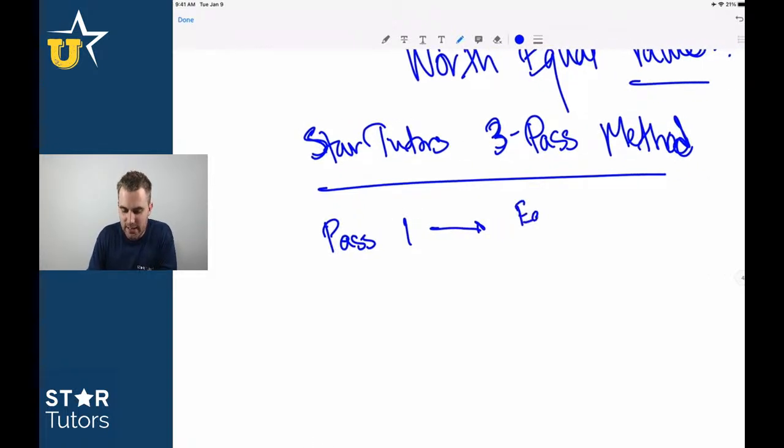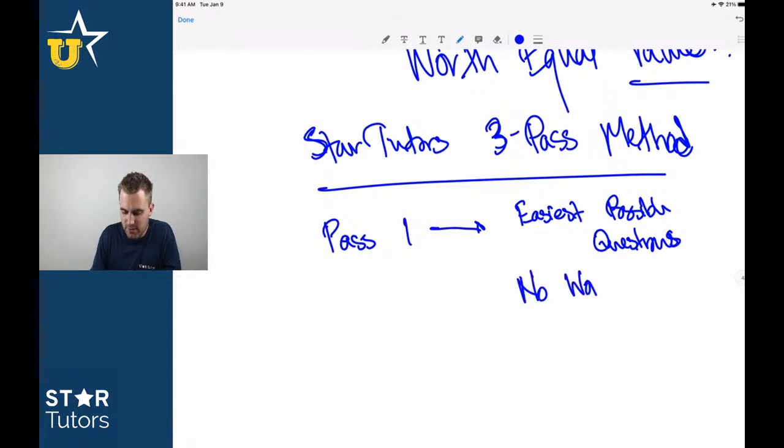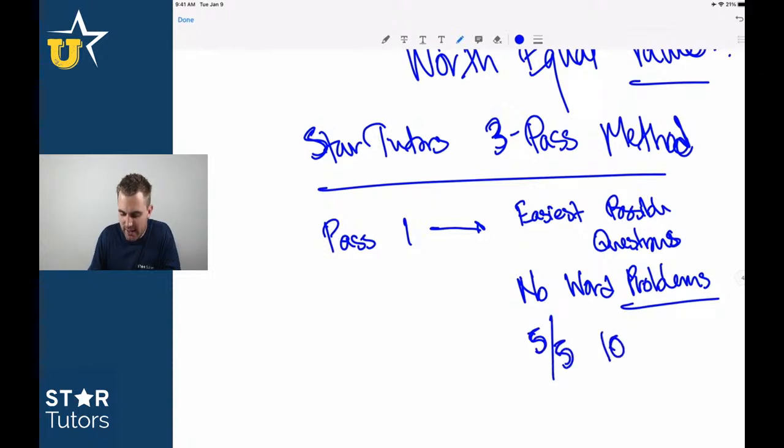And no word problems on these first 5, no matter where they show up, even if it's number 2, which is theoretically supposed to be easy. We're trying to go 5 for 5, 100% accuracy every time on these 5 questions.